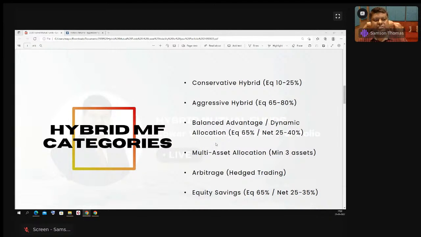Then we have something which is called balanced advantage or dynamic allocation. What this means is that the fund manager has the freedom to position the fund towards debt or towards equity, depending on the market condition.